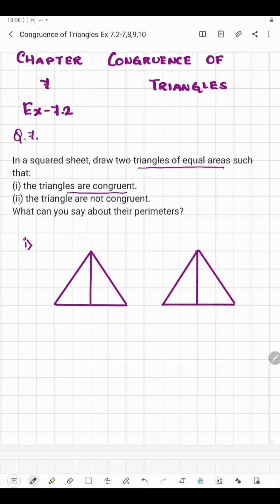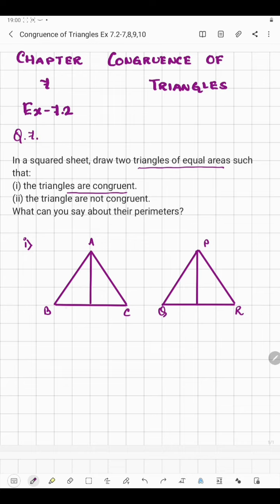So, to do that, we will have to make the base the same. Now, see, here we have drawn two triangles ABC and PQR, in which the base is the same and the height is also the same.